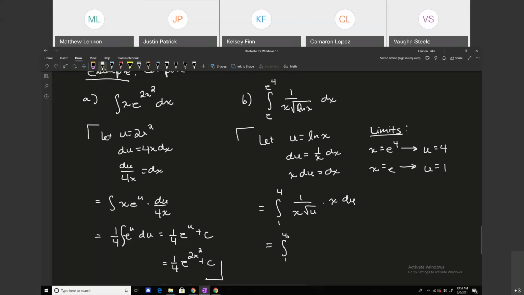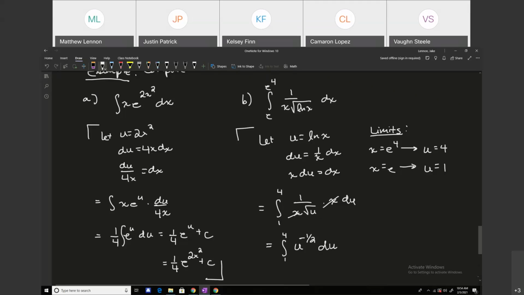Well, typically the square root would be the 1/2 power. When it's in the denominator, it would be the negative 1/2 power. So 1 over the square root of u is really u to the negative 1/2 du. Again, these x's just cancel.